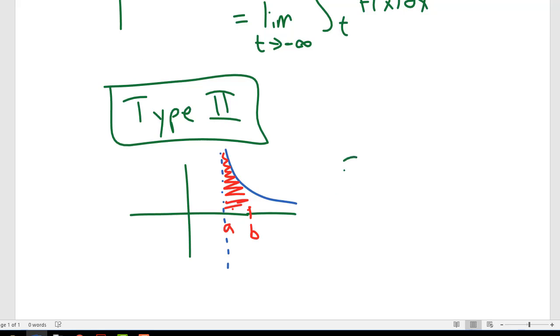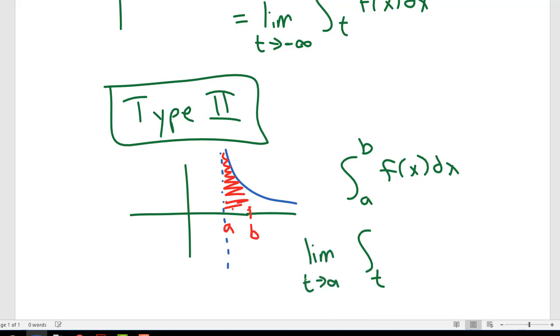So we're looking at the integral from a to b of some function, and we have the vertical asymptote at a. So we're going to back away from a, and then we're going to approach a. Now in this case, we're approaching a from the right. I said that wrong, we're approaching from the right.